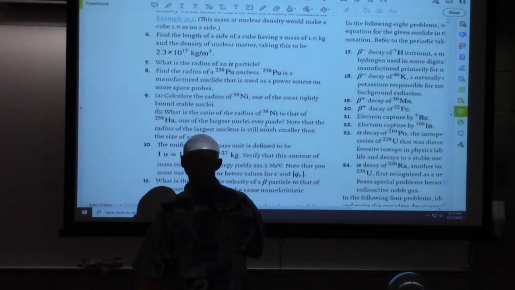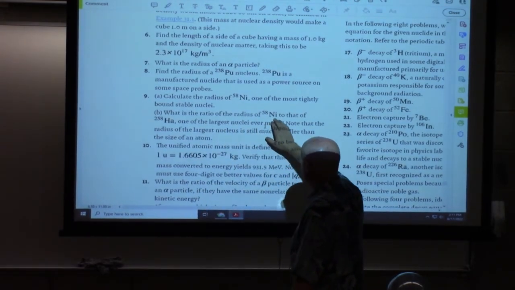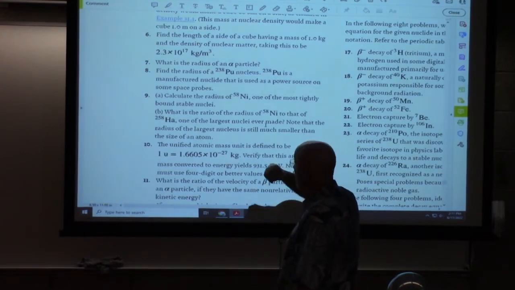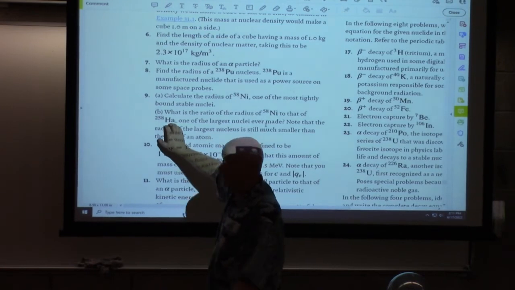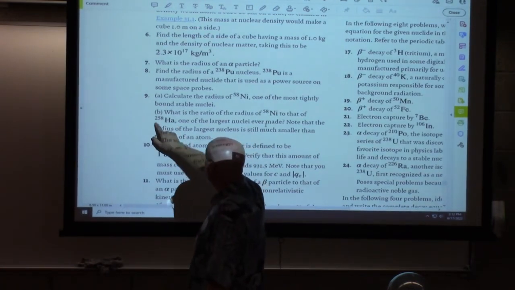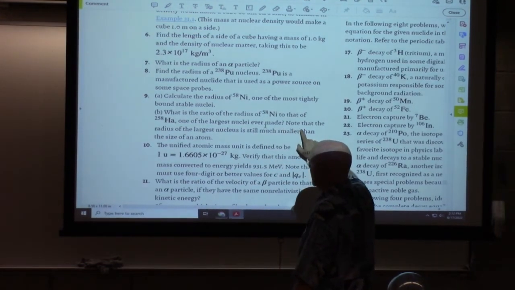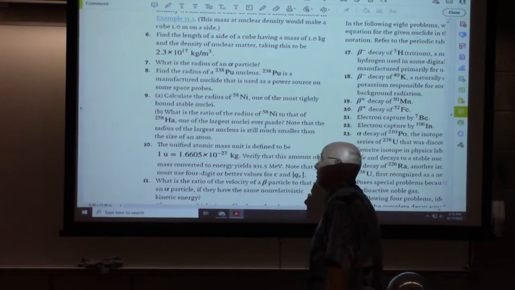Now, part B says, then, what is the ratio of the radius of this nickel 58, that we just did, to, and I think we need to go look at Ha. This is going to bring up an interesting discussion too, but Ha 258, one of the largest nuclei ever made. Note that the radius of this larger nucleus is still much smaller than that of the atom.